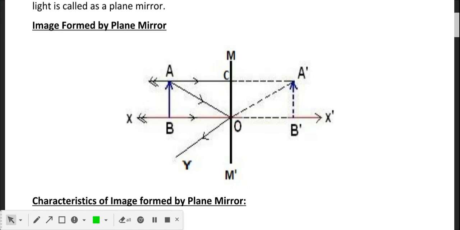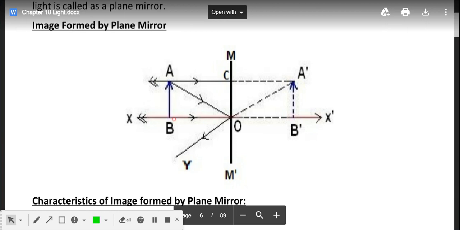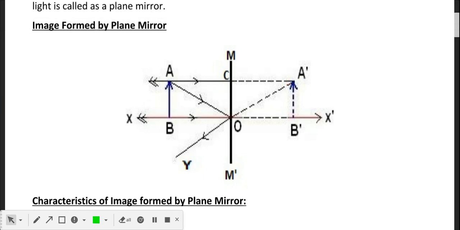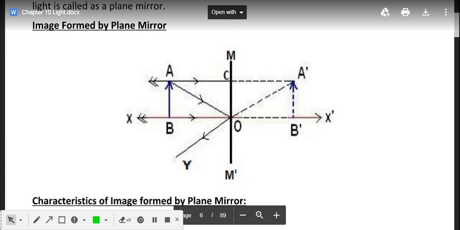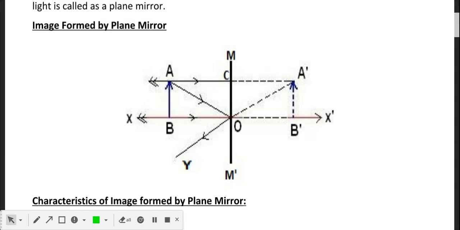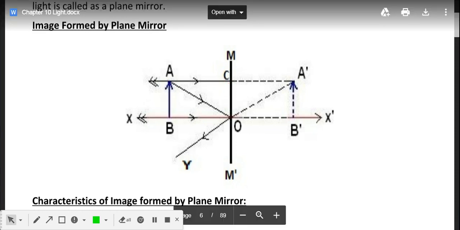So what happens in this case is, suppose this is the object, the image is formed here at the side of the mirror. How is it getting formed? See, one ray travels from here to here, strikes the mirror and goes back. The other ray goes to point O and bounces back like this.